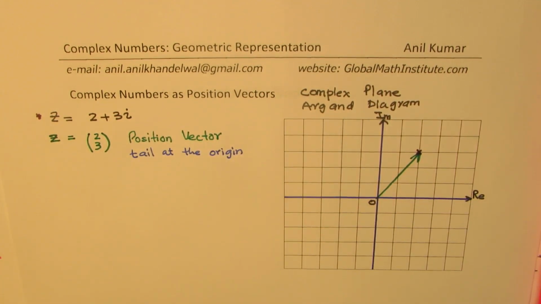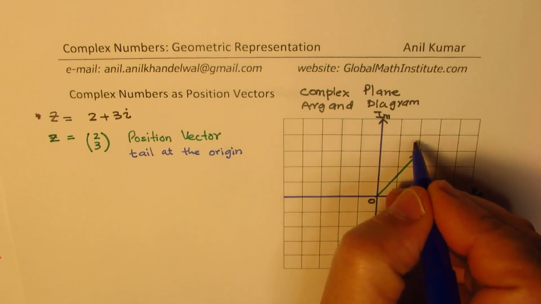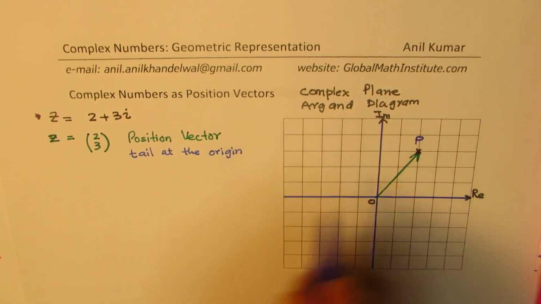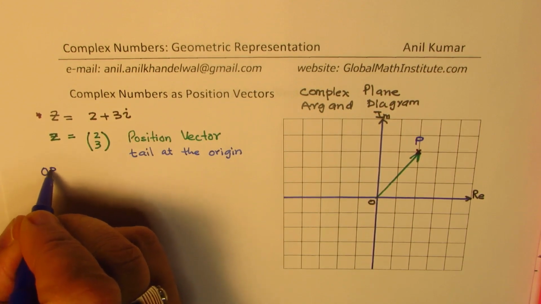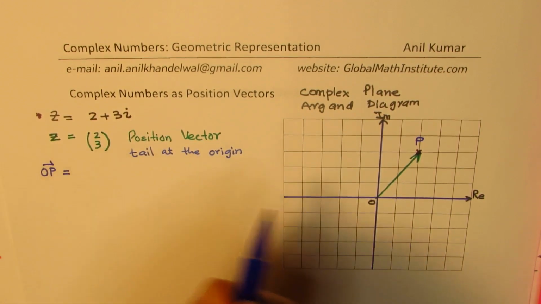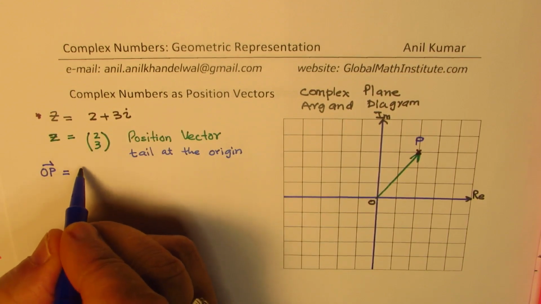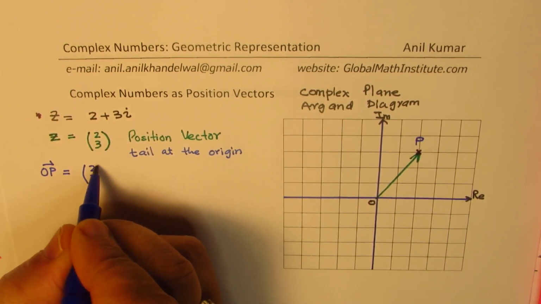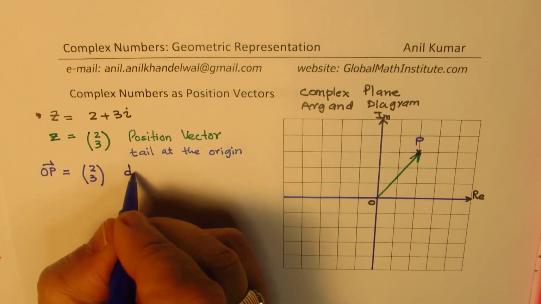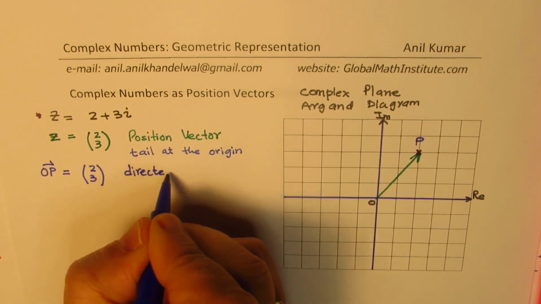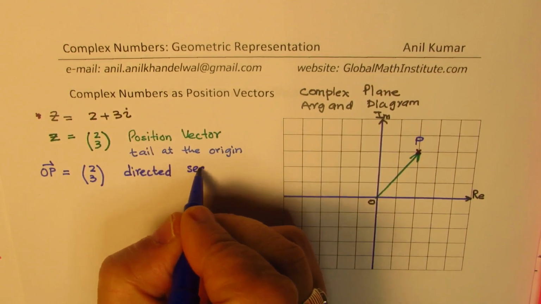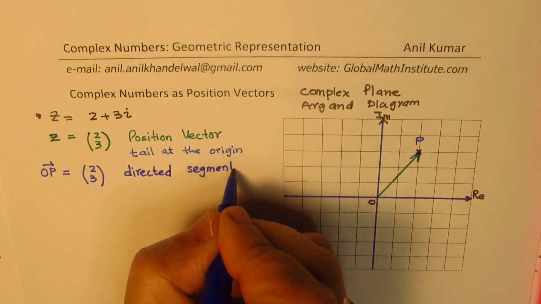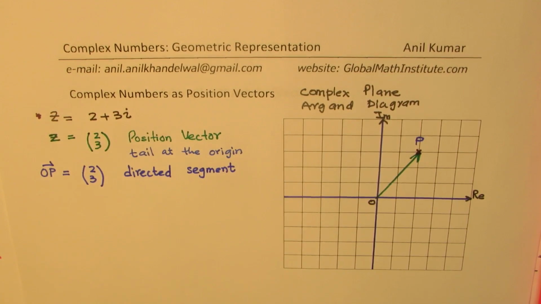So this directed segment, we can call this O to P, for example. So we say OP is representing the position vector (2, 3). So it is a directed segment, as you can see on this complex plane. So that is a way to represent complex numbers as position vectors.